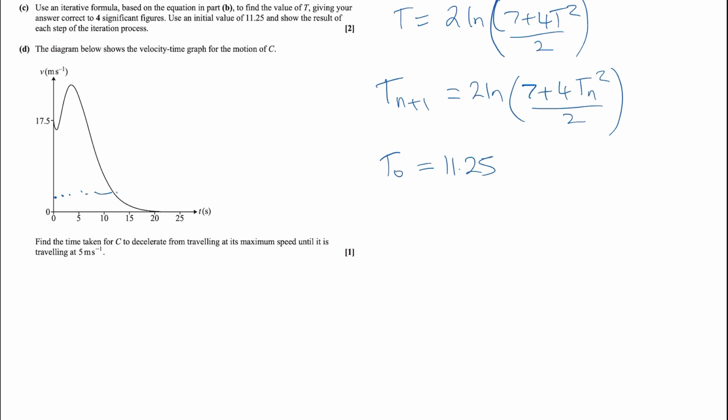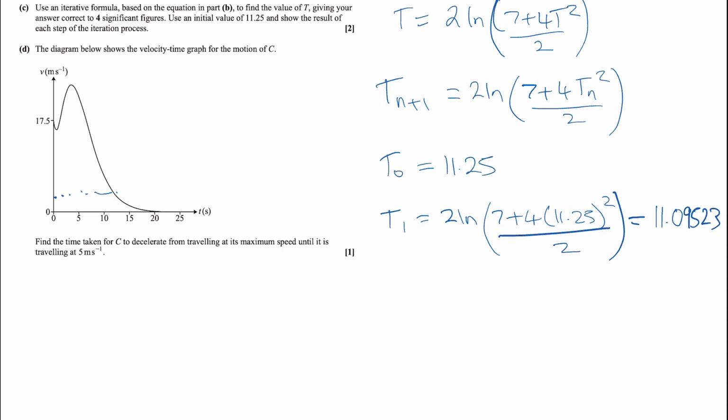Okay, press equals, this will give you your T1. So T1, I'm just going to write out the workings for the first one. 7 plus 4 lots of 11.25 squared over 2. And this gives me on my calculator 11.09523.